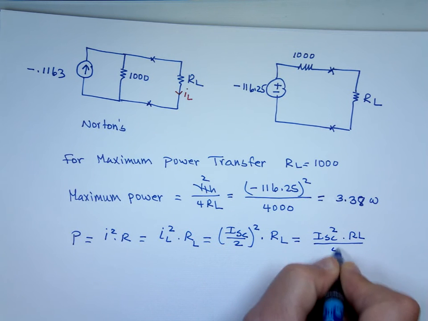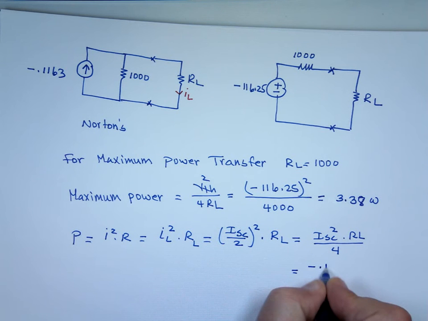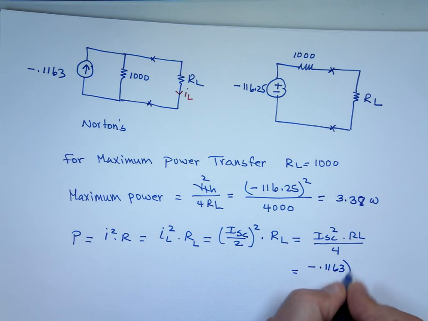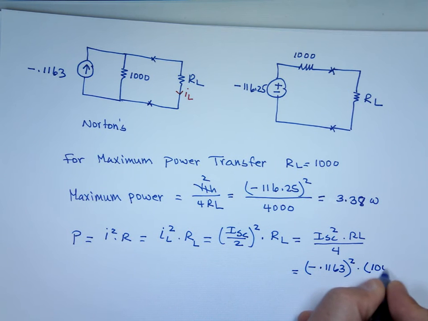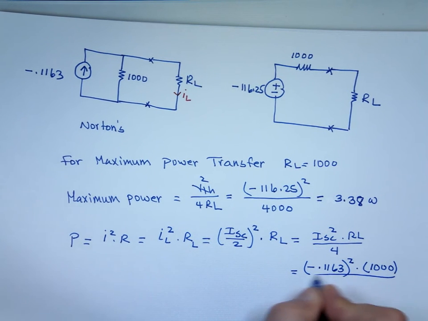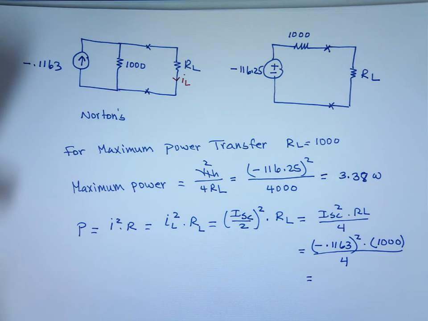I bet if I plug in those numbers, negative 0.1163 squared times R sub L, which is 1,000, divided by 4, it's the same answer. 0.1163 squared times 1,000 divided by 4 is 3.38.